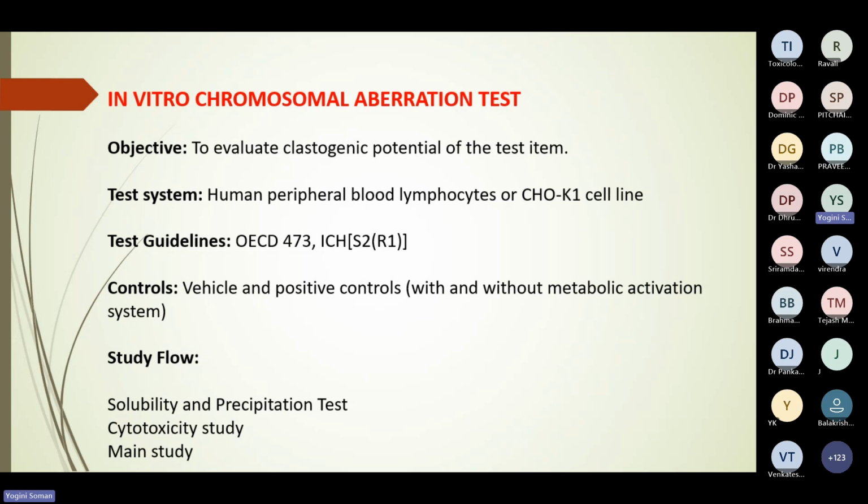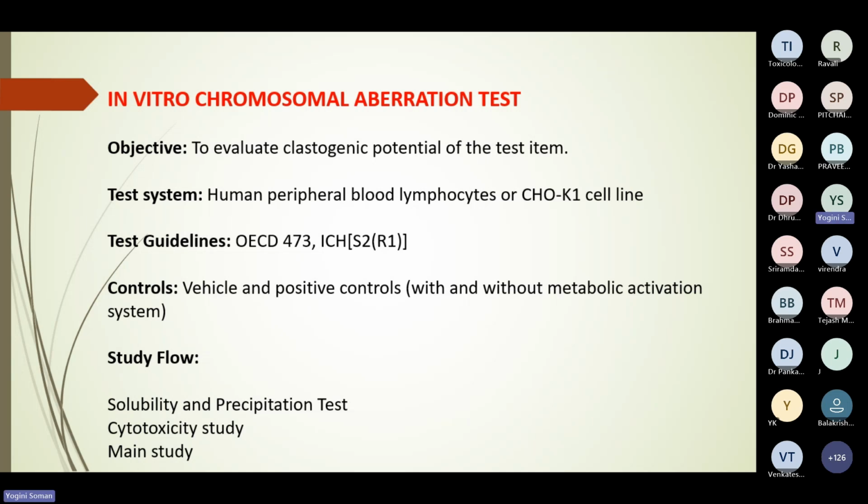Preferably you should use the most soluble vehicle and the maximum possible highest concentration. I forgot to mention, for the AMES test the maximum concentration should be 5 mg per plate. And if there is cytotoxicity at the highest test concentrations, then you can go lower and analyze the lower concentrations.